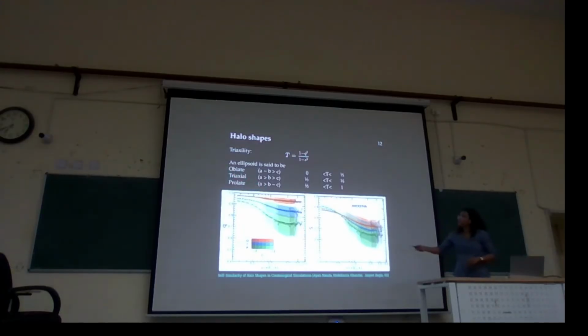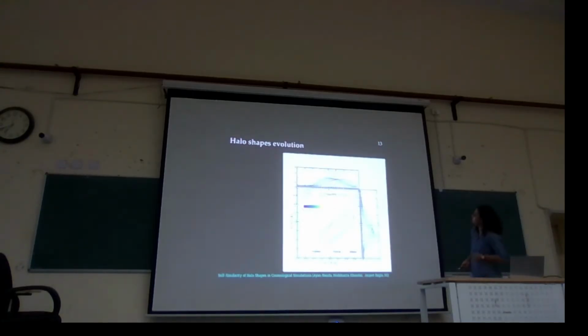And prolate is the other case, where the smallest two are of similar order, and the longest one is very long. So this is an elongated halo, and this is a disky shape, and these are inverted. When you separate these kinds, you see that individually they are also self-similar. All the different models fall on top of each other.